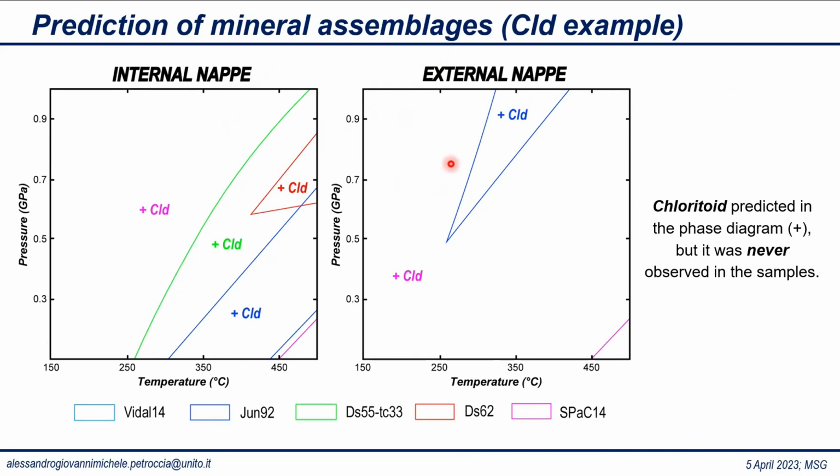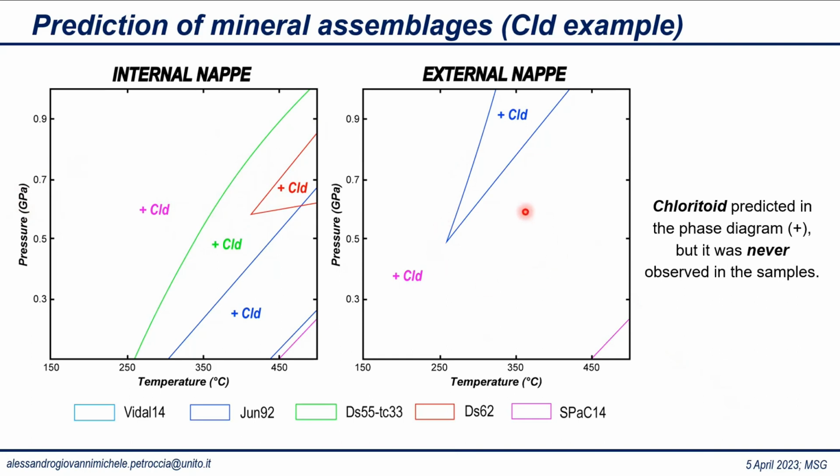Chloritoid is very important when we talk about high-pressure metapelite, because it's very common. For the internal nappe zone sample, most of the databases predict chloritoid, but we haven't got it inside. It's important that for the last database made by Holland and Powell, based on the solution models, we have chloritoid at conditions slightly above 0.6 gigapascal, which is the upper limit of stage 1, which I showed you before.